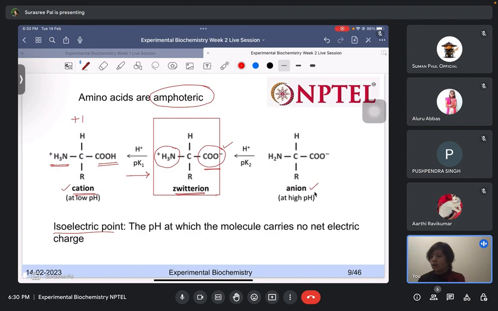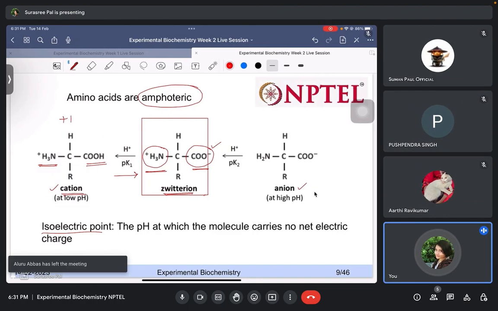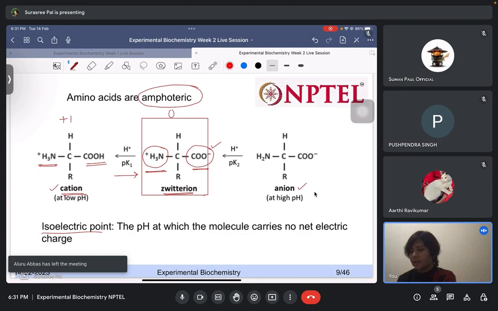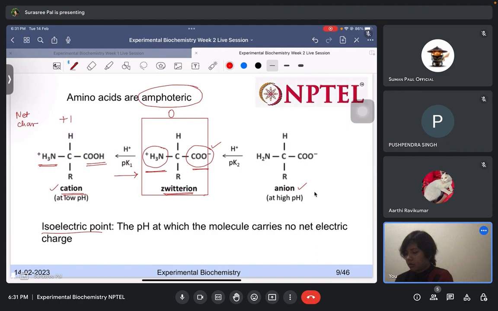The NH3 plus group at this pH will not lose its proton because it has a higher pKa value, the dissociation constant, right? So only the carboxyl group releases the proton because it has a lower pKa, and the net charge on this molecule will be 0.